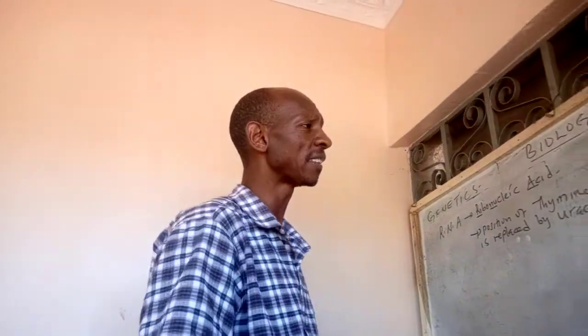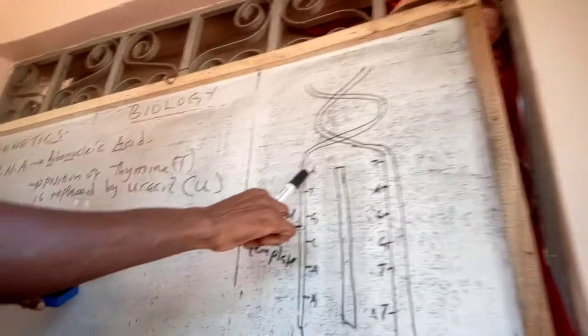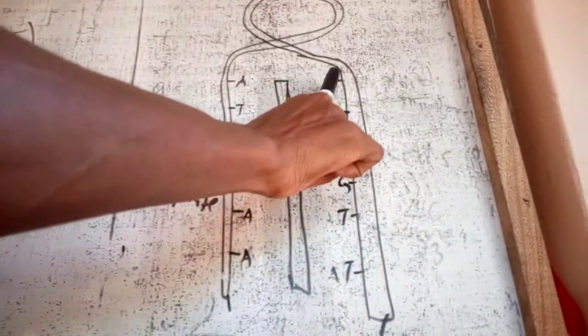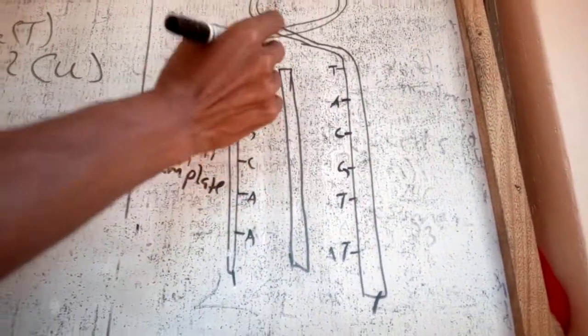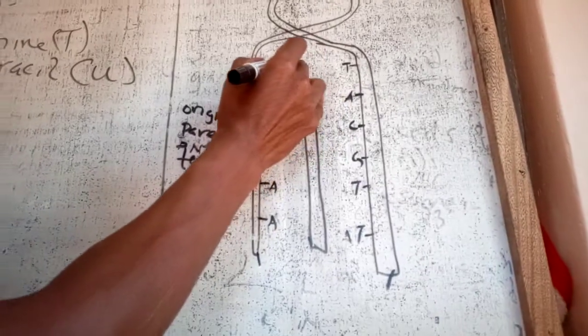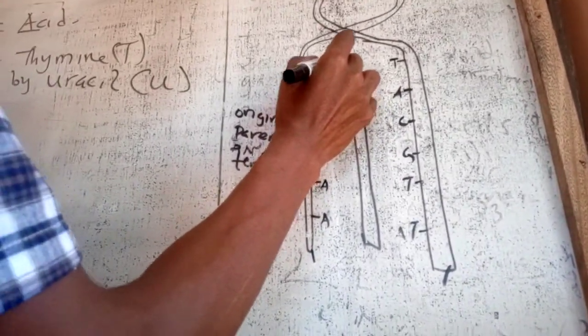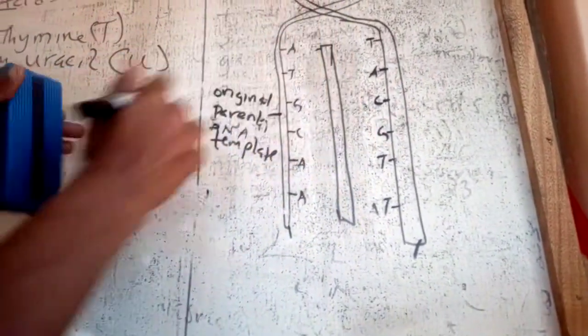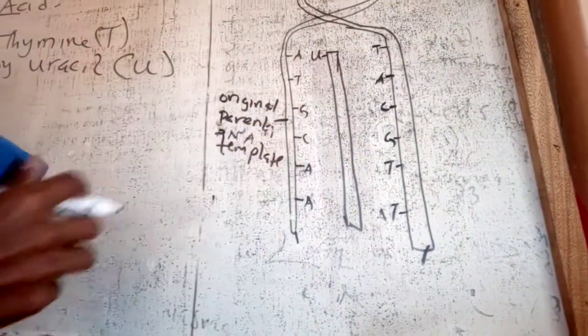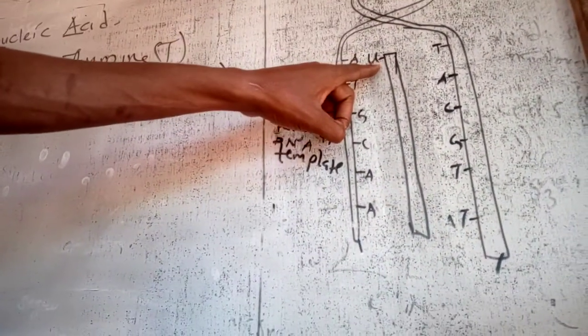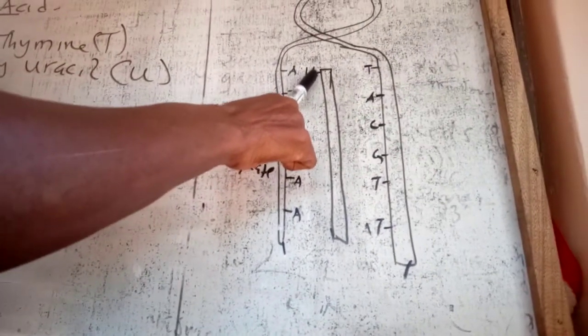And therefore, in this example, you can see there is adenine. Initially, adenine was linked with thymine, but in the resulting RNA, you will have uracil. Instead of writing thymine, you will write uracil. So you will not have thymine, and therefore the thymine position is replaced by uracil.